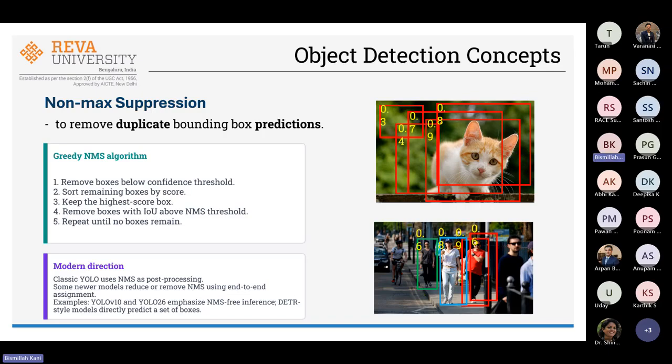What we create is the labels. When we create labels, we do only one box per object. The model doesn't know where these boxes are.